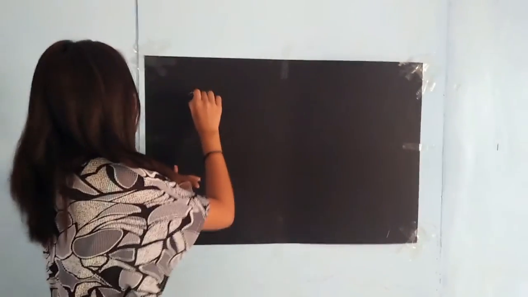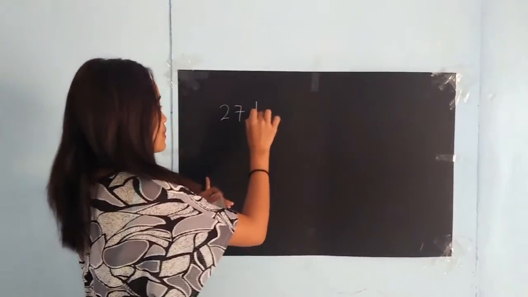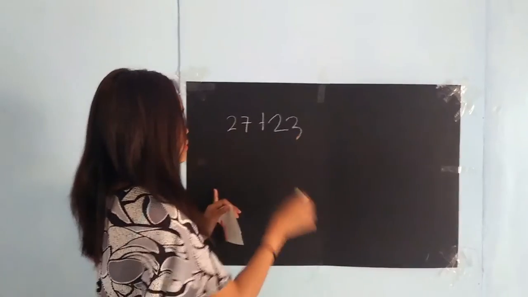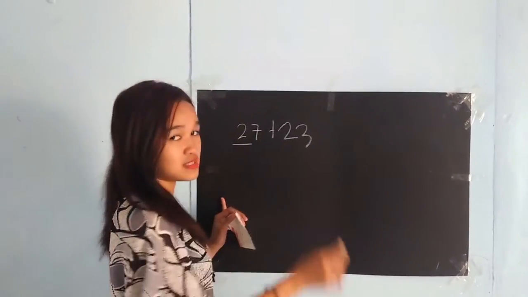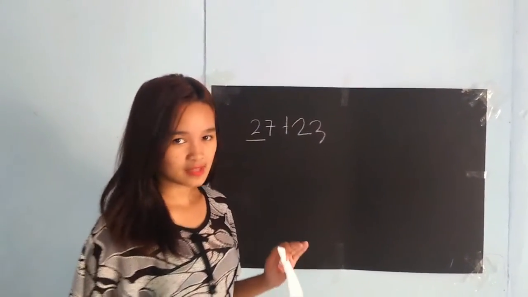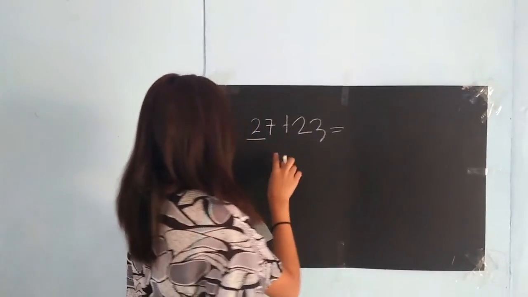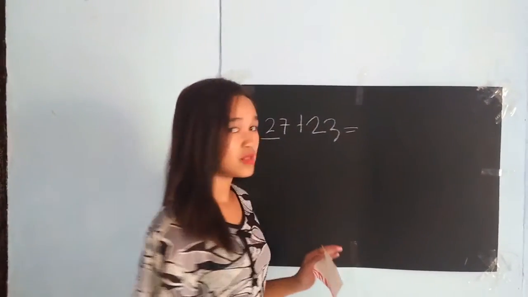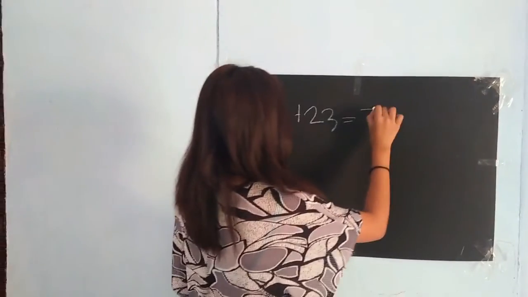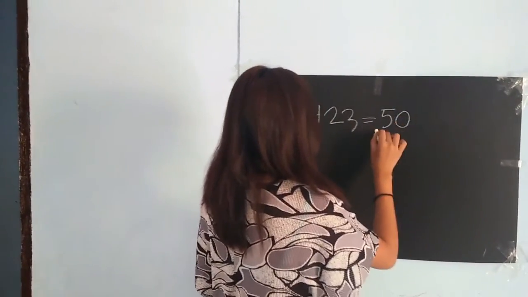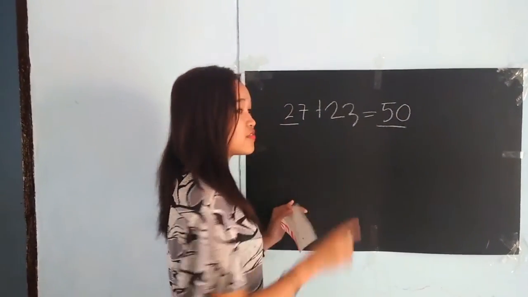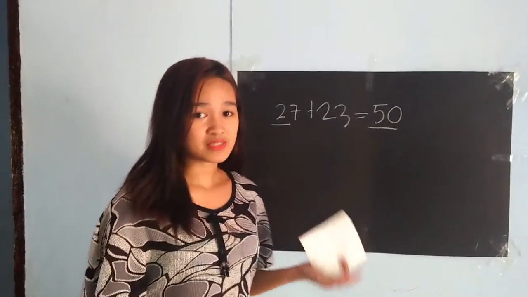Examples for rule number 1. We have +27 plus +23. They have the same sign, which is positive, so we're just going to add them. +27 plus +23 equals +50. The sign of the answer is positive since the signs of the given numbers are both positive.